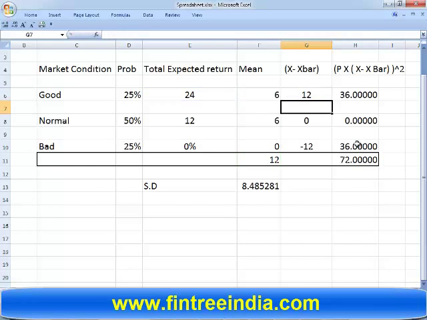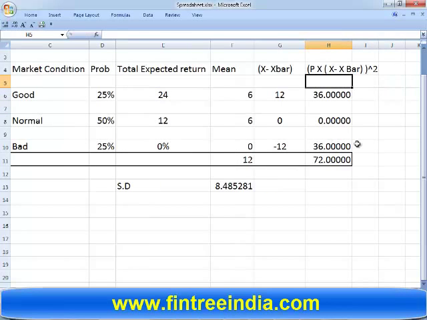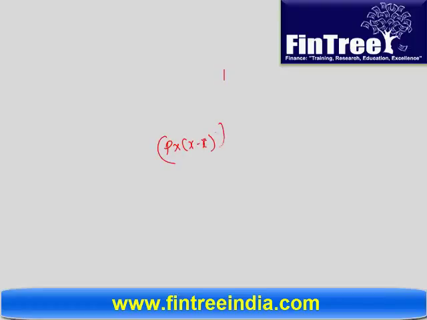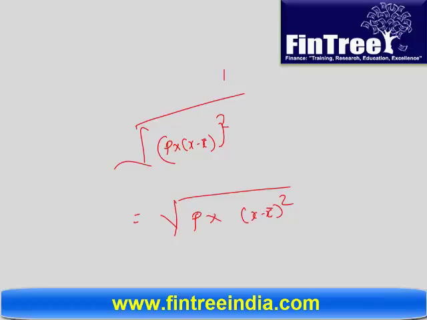So when we took that square, it gave us probability into x minus x bar the whole square, whereas what we did, we calculated p into x minus x bar, and then we took a square, and then we took under root, whereas it should be p into only the x minus x bar square under root. So this term which we had squared, it shouldn't have been squared.